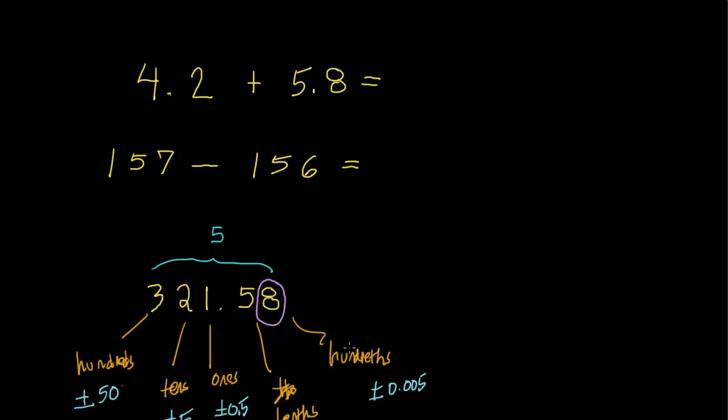This is the hundredths place, so half of that is 0.005, and we would write this number then as 321.58 plus or minus 0.005. So again, just to remind ourselves, when we say 0.005, that says that the least significant digit is in the hundredths place.